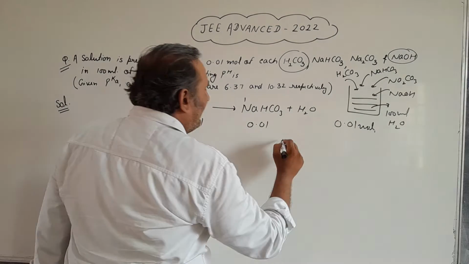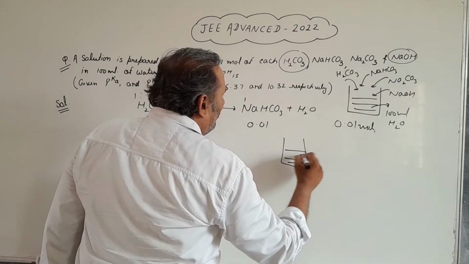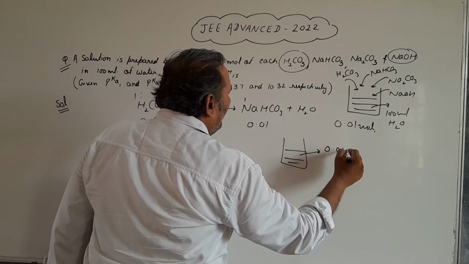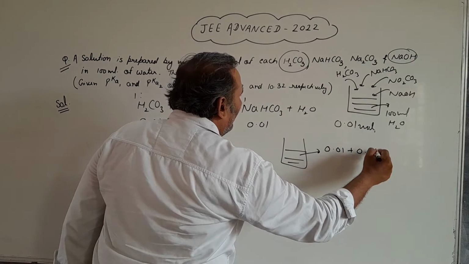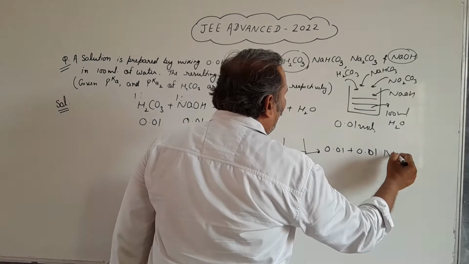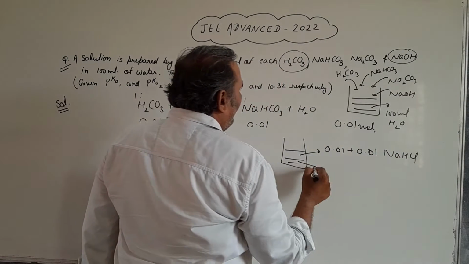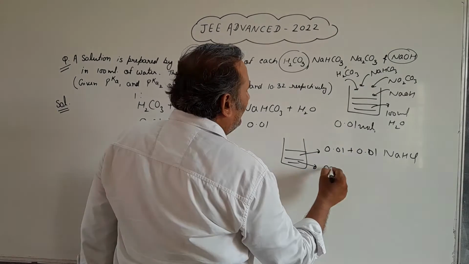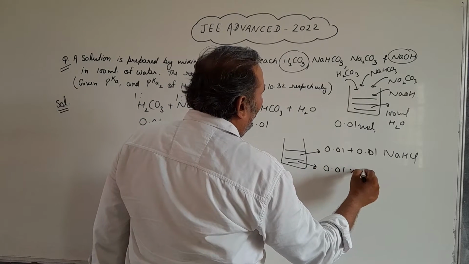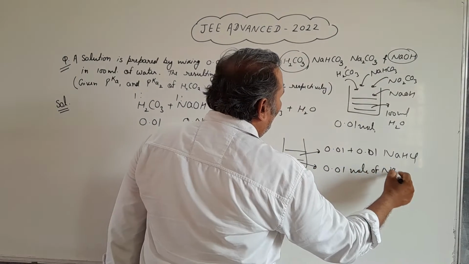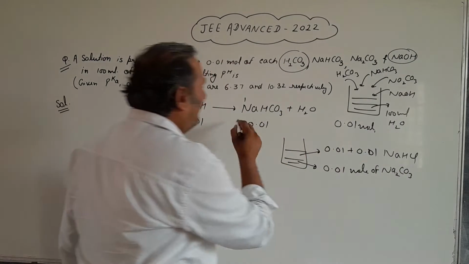Now what is present in this solution? In this solution now 0.01 plus 0.01 mole of NaHCO3 and 0.01 mole of Na2CO3 will be present after this reaction.